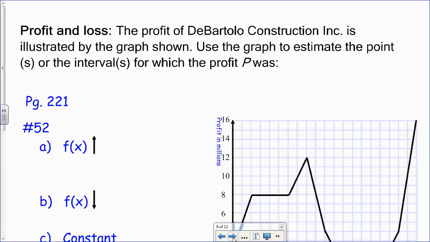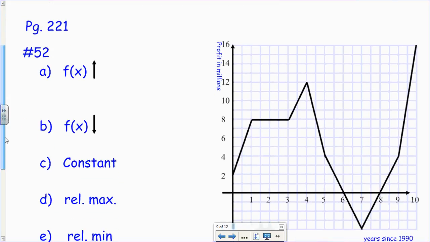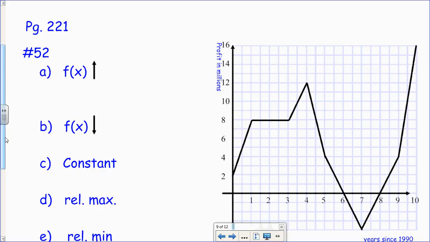So this is the graph of this construction company. This is number 52. This is section 2.5. Okay, so we're going to go through and answer the parts of this graph.